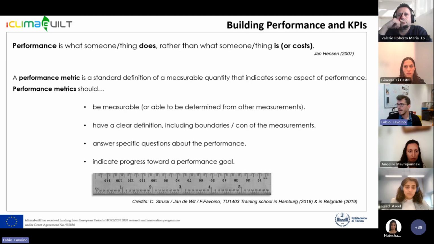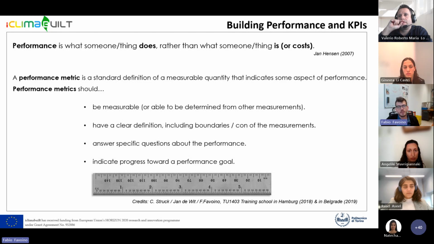And to do that, I'll build a lot on the knowledge and the research that was largely carried out in the building physics group of Professor Jan Hensen at the TU/e, where there is this definition of building performance, that eventually is not represented by the cost of the building assets, but rather by what the service that the building provides does.